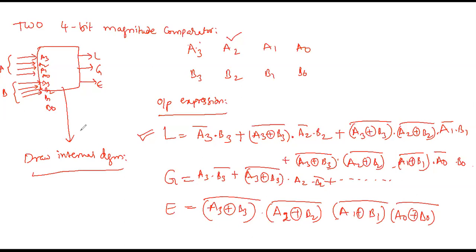A magnitude comparator is used to compare the relative magnitudes of two inputs, and it produces three outputs: less than, greater than, equal. If you have any doubt regarding the magnitude comparator, you can ask me.